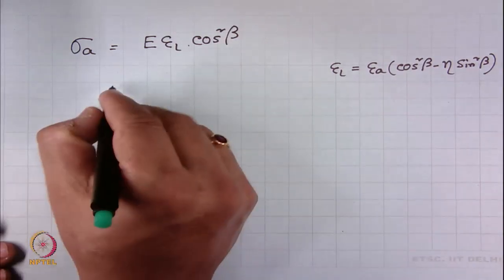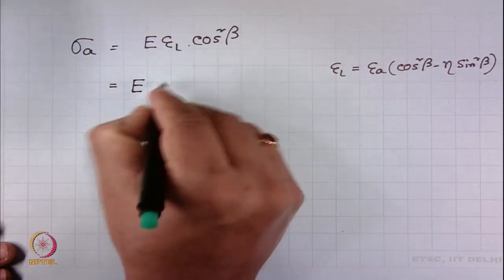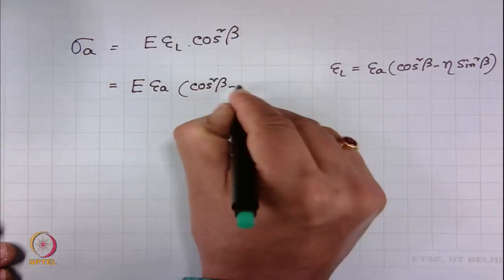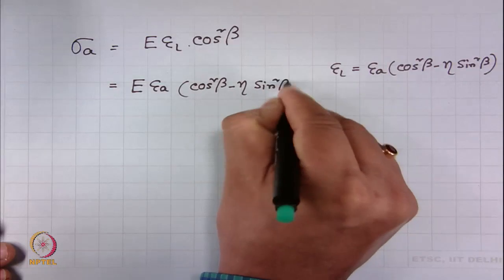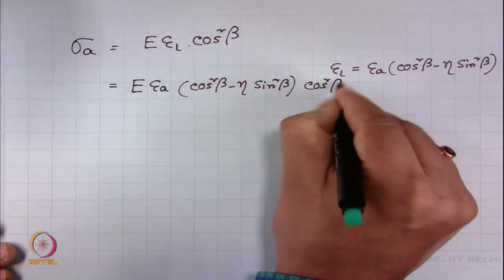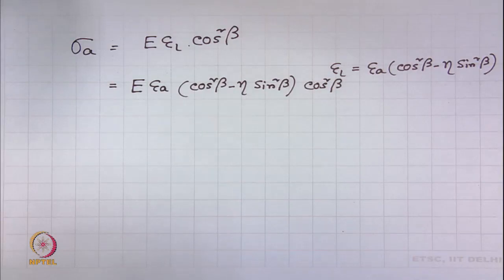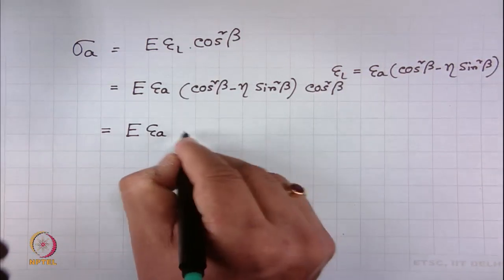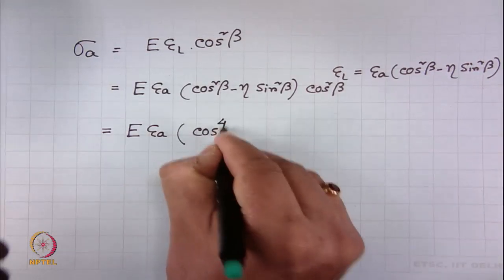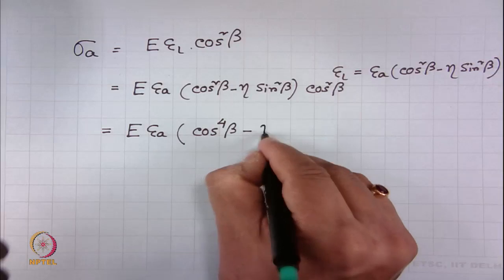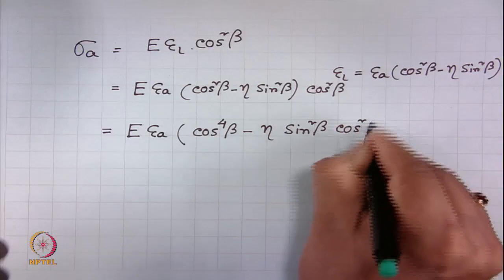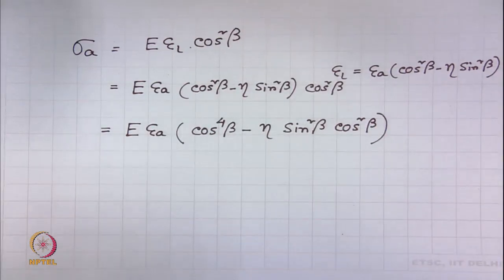If we now substitute this into cos square beta, we get E epsilon A cos to the power 4 beta minus eta sin square beta cos square beta.